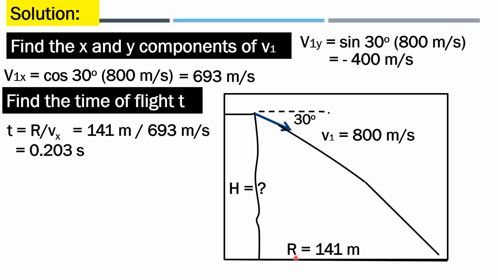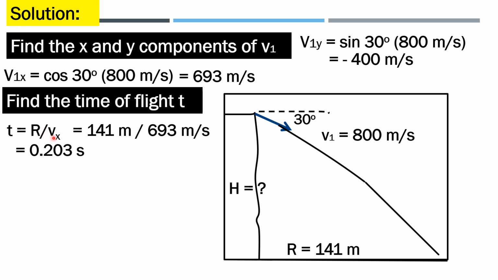Okay, the relationship between the range and the Vx is such that, we earlier represented this: the range is just equal to Vx multiplied by the time t. And transposing that equation to solve for the time t, we have range divided by Vx.